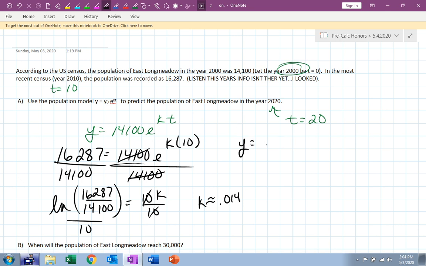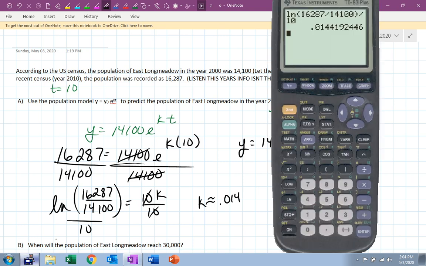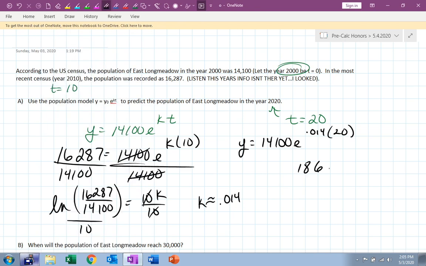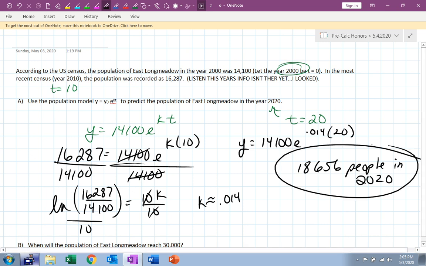So now we have an equation, 14,100 e to the 0.014t, and I want to figure out when t is 20, so I'm just going to plug 20 in right away. Grab the calculator and type it in. So it looks like I get 18,656. And I guess we'll find out if that's true or not once the census information actually comes out.